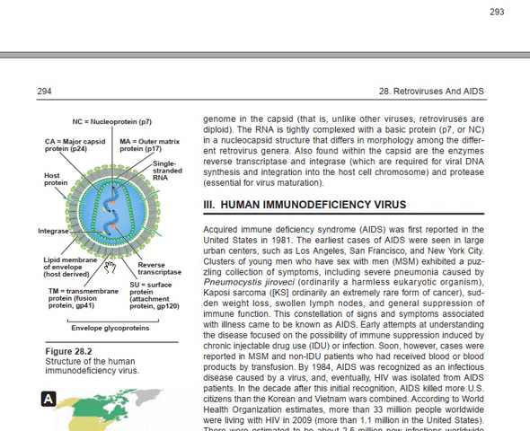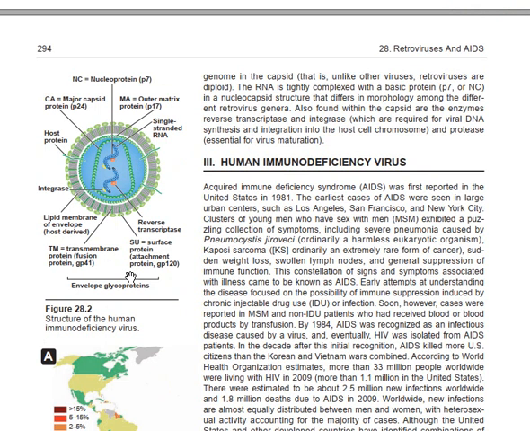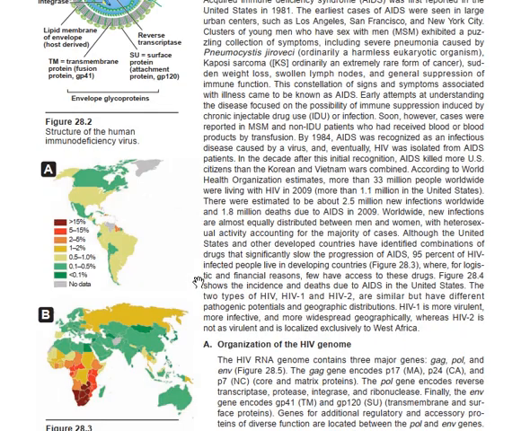We have the transmembrane protein, which is GP41, and we also have the surface protein. The transmembrane protein is also called the fusion protein, that's GP41, glycoprotein 41, while the surface protein is also called the attachment protein, that is GP120.